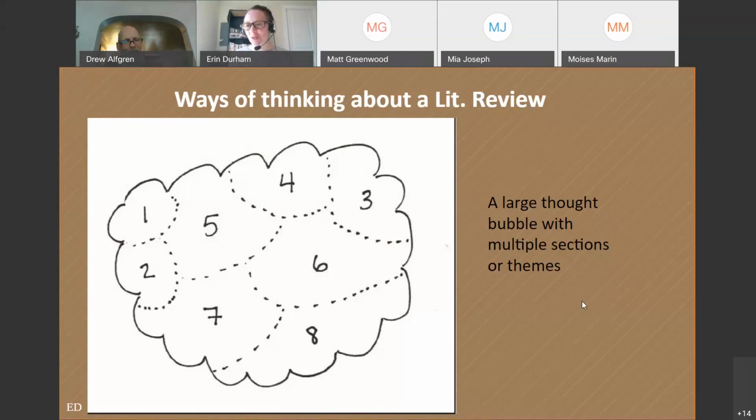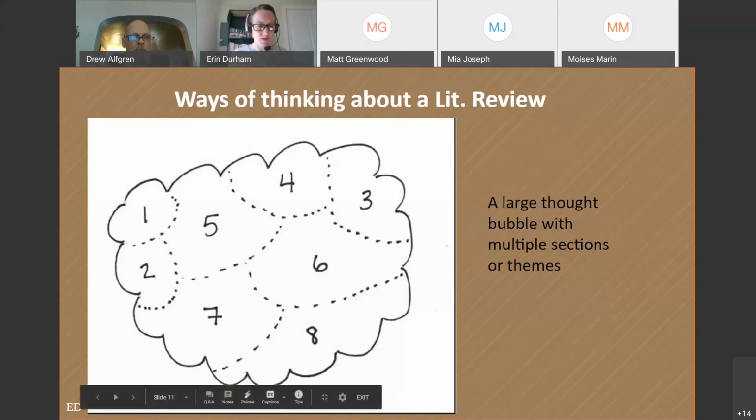It can be useful to start to group different discussions into themes and sub-themes. I like how there are dotted lines in this graphic because it shows that it's a little bit porous. There may be some overlap; they're not entirely rigid, but it is helpful to start gathering your themes together.